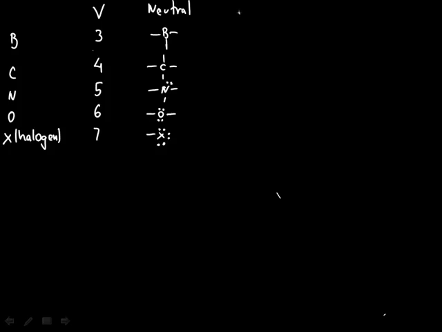If they're negatively charged, they're anionic, then boron will indeed have 4 bonds to it and will be negatively charged. Carbon will have 3 bonds and a free electron pair. Nitrogen will have 2 bonds and 2 free electron pairs.